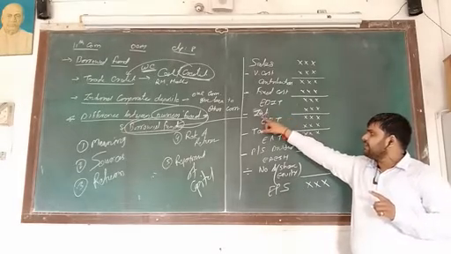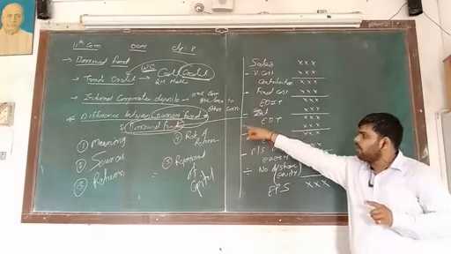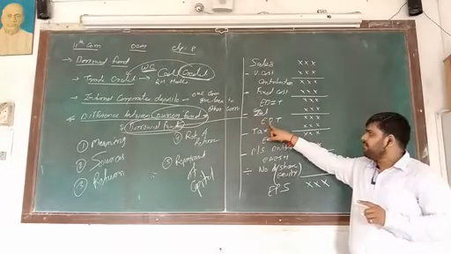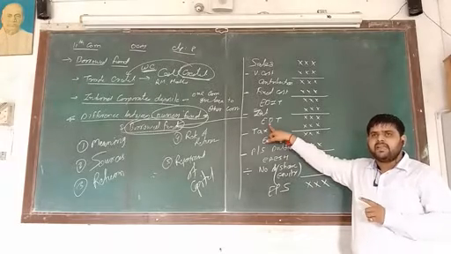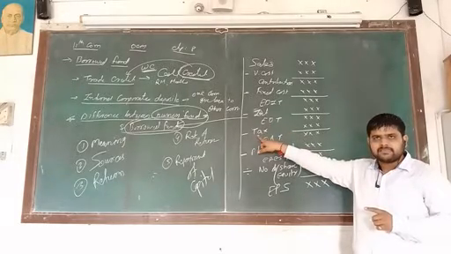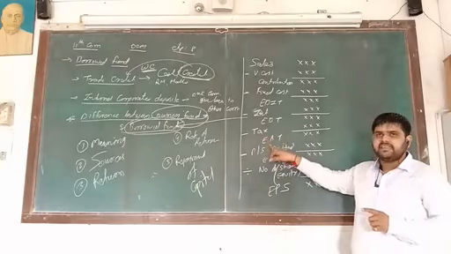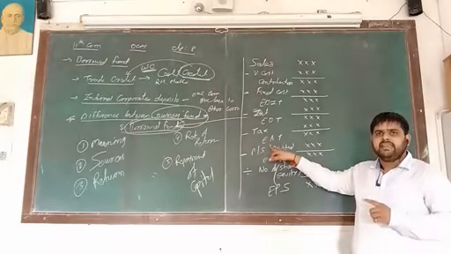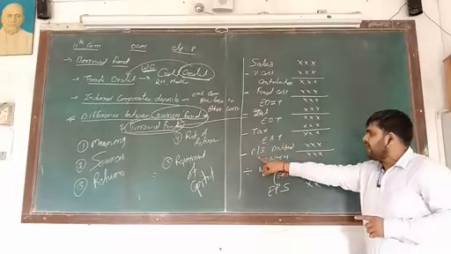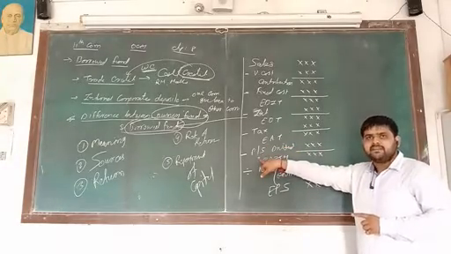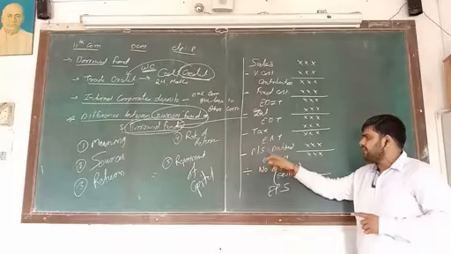Then they subtract interest on borrowed funds. Whatever remains is EBT, earning before tax. Then they are paying tax. Whatever remains is called EAT, earning after tax. After that, they are paying preference share dividend.